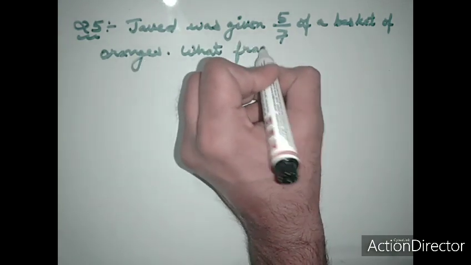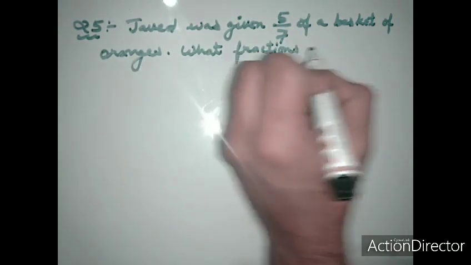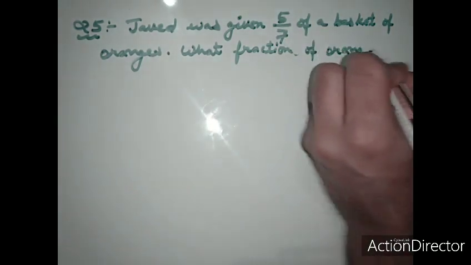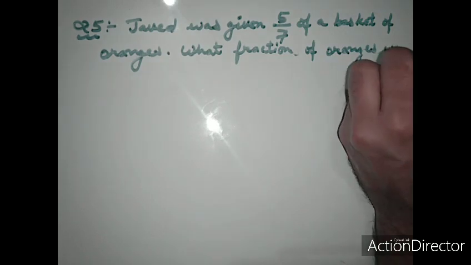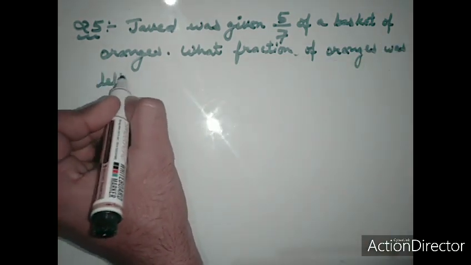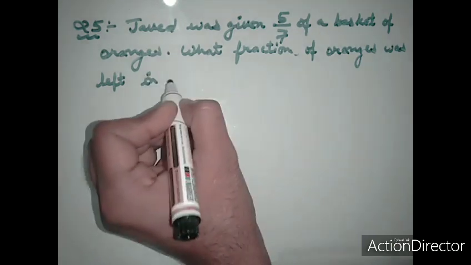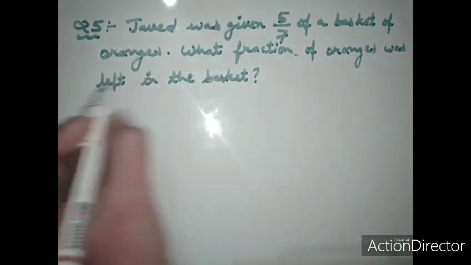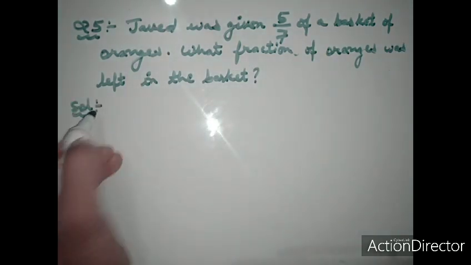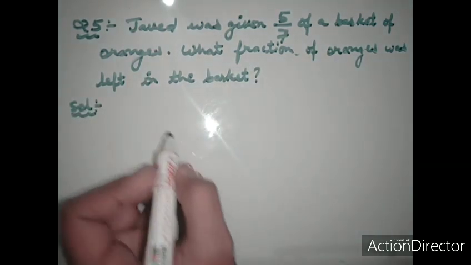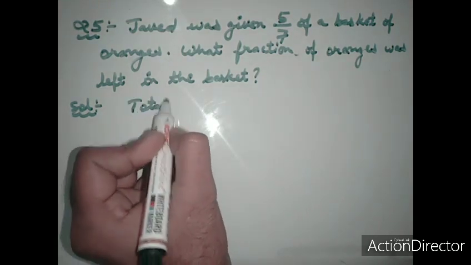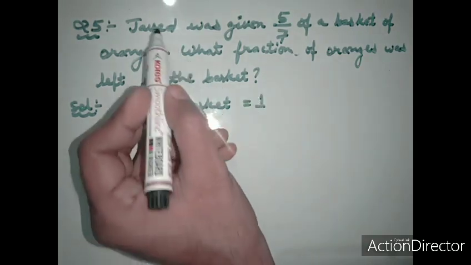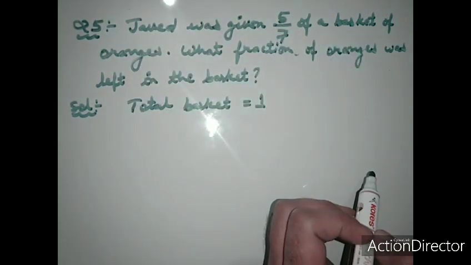What fraction of oranges was left in the basket? Okay students, so what is the total number of baskets here? 1, right? So here we write total basket equals 1, and Javed was given 5/7 of a basket.